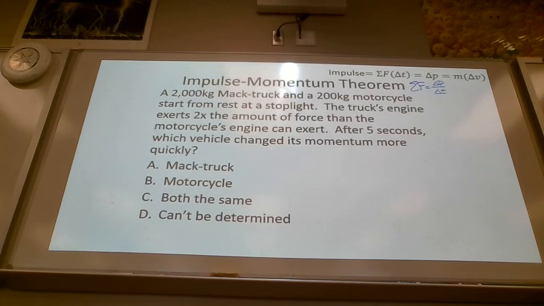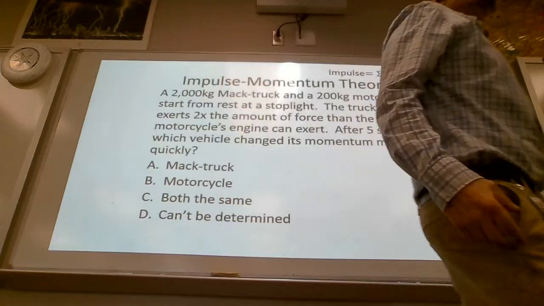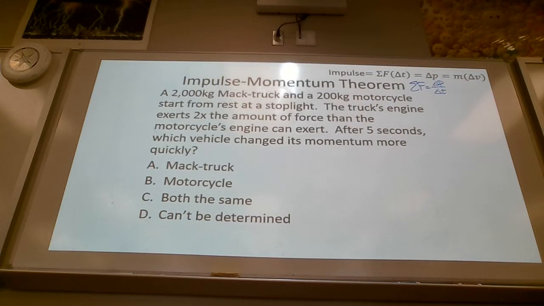That's okay. Correct answer is? Correct answer is A. What? A motorcycle speeds up way faster. Yes, it does. Practical experience tells us the acceleration of the motorcycle is way greater, way more than the Mack truck.